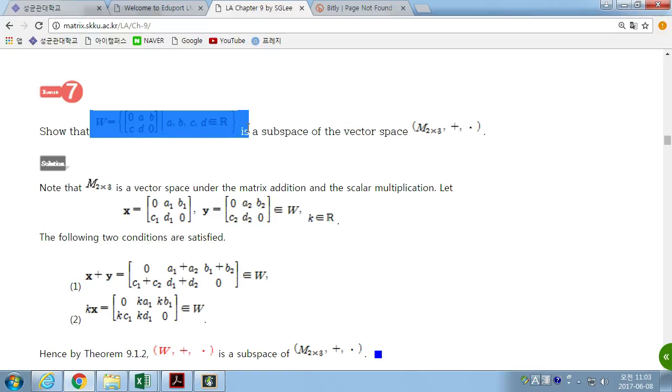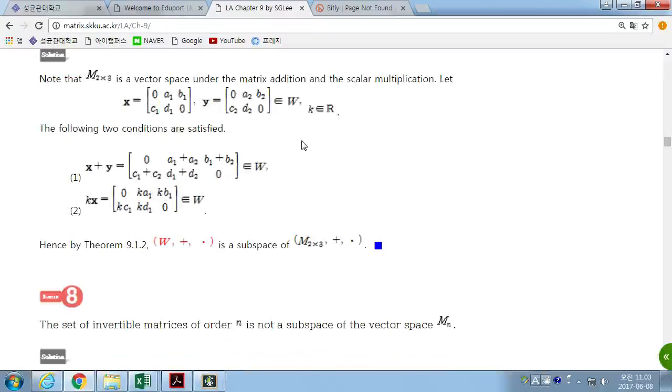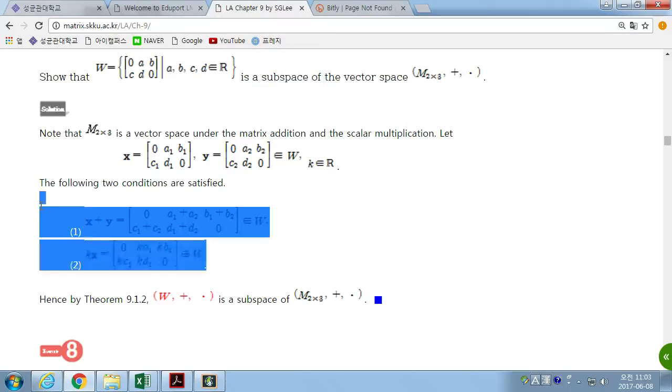Let W be the set of 2 by 3 matrices with this condition, and show it is a subspace of the vector space M of 2 by 3. How? We want to show this non-empty subset is a subspace. So all we have to do is check that it is closed under vector addition and scalar multiplication.